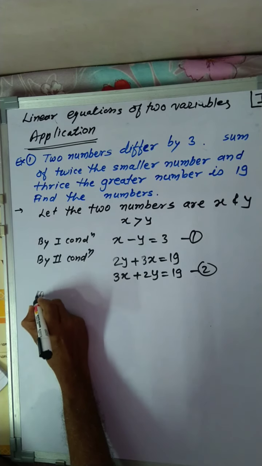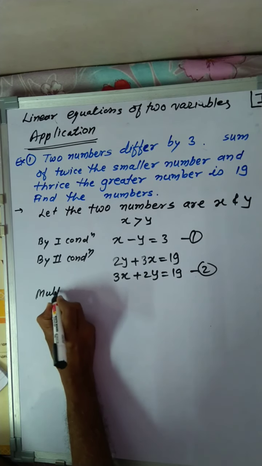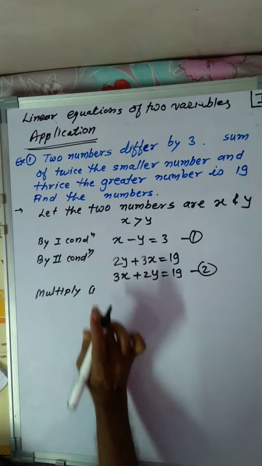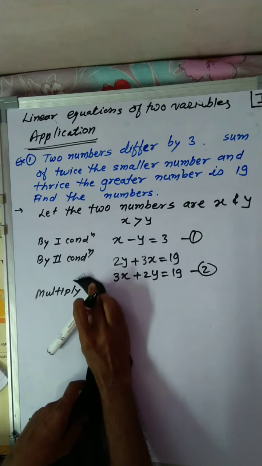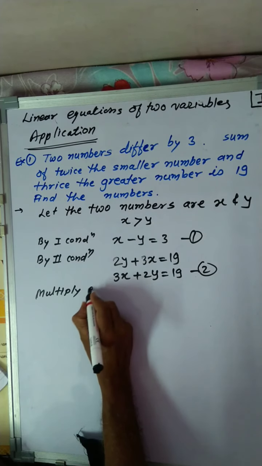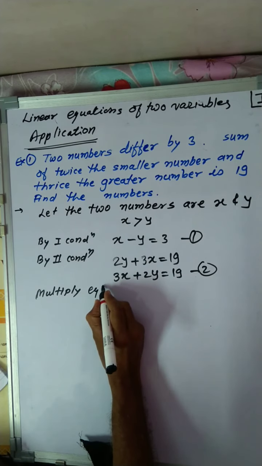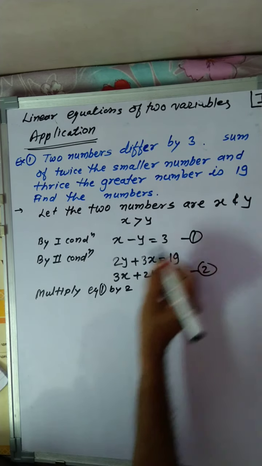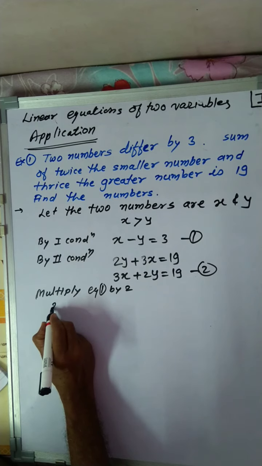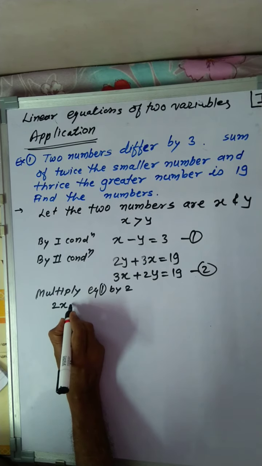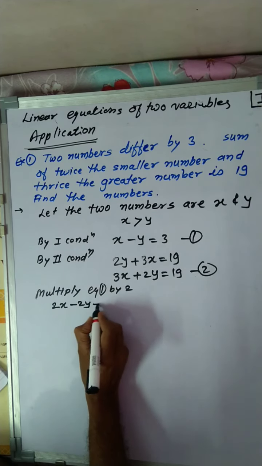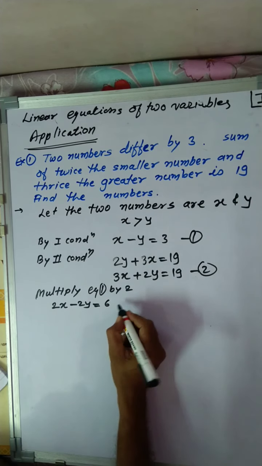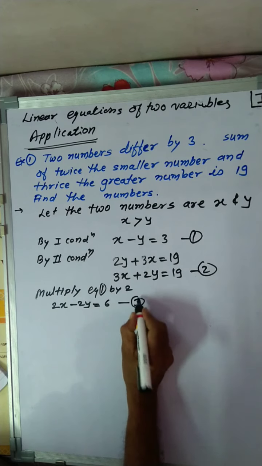Multiplying equation number 1 by 2, equation 1 becomes 2x minus 2y is equal to 6. That is equation number 3.